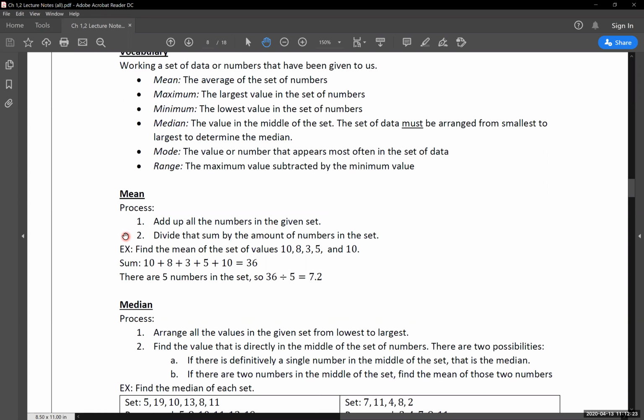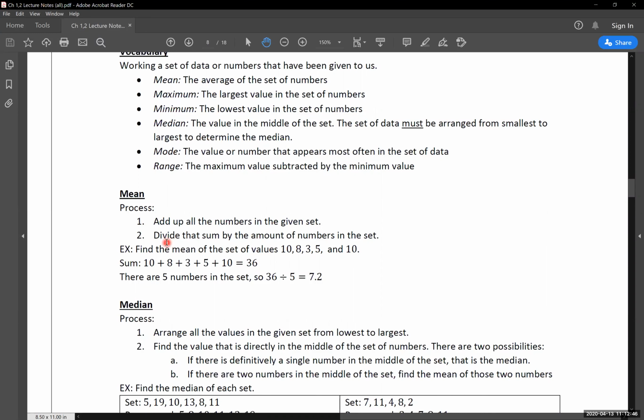After I do that, I'm going to divide that sum by the amount of numbers that I had in the set. It's a little bit weird in the wording, but I want to clarify that. We're saying, how many pieces of information do I have in the starting set of data that I've been given? Well, let's say we have 10 numbers. I'm going to add those 10 numbers together. I'm going to get some result, whatever that may be.